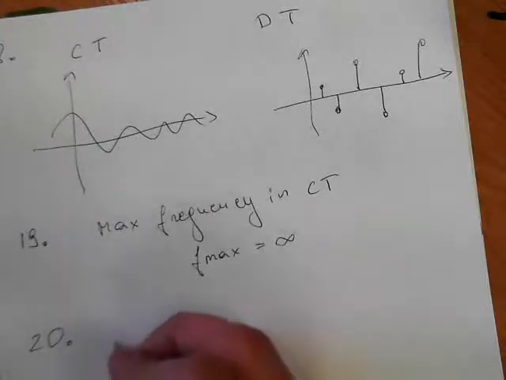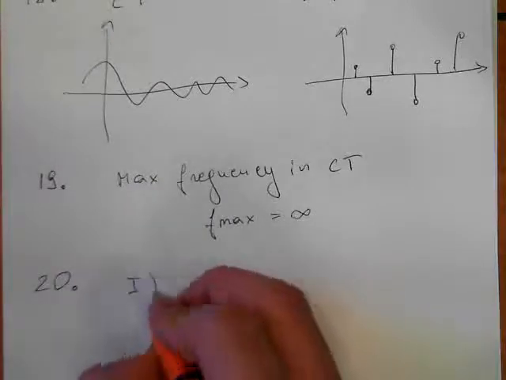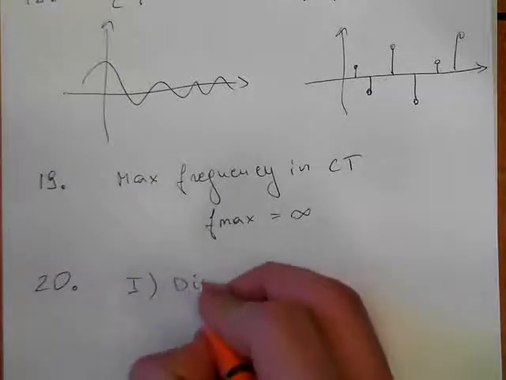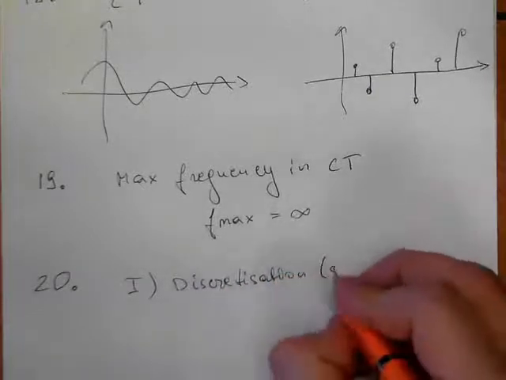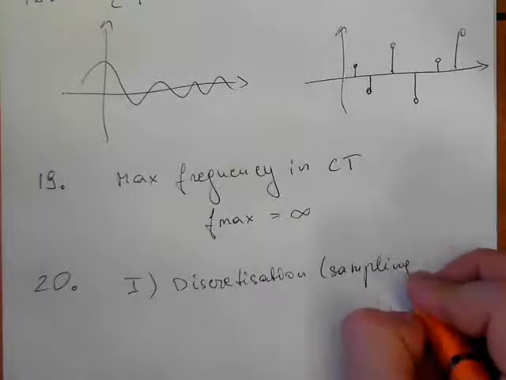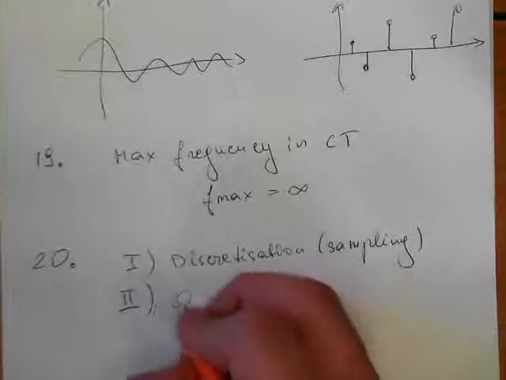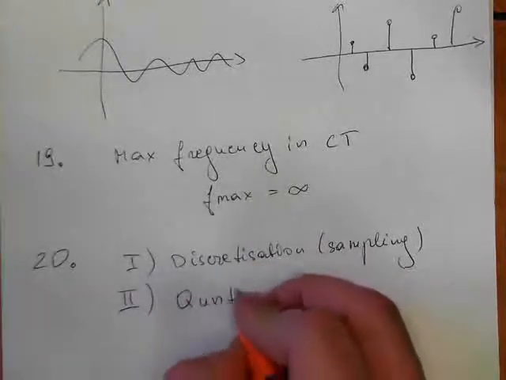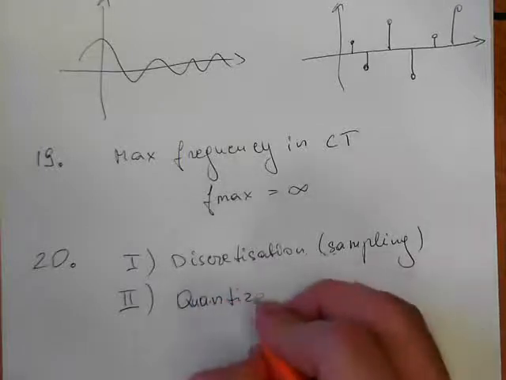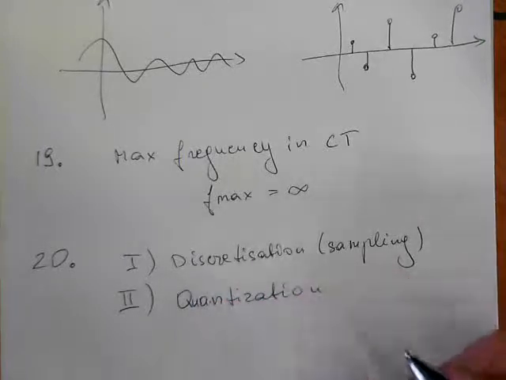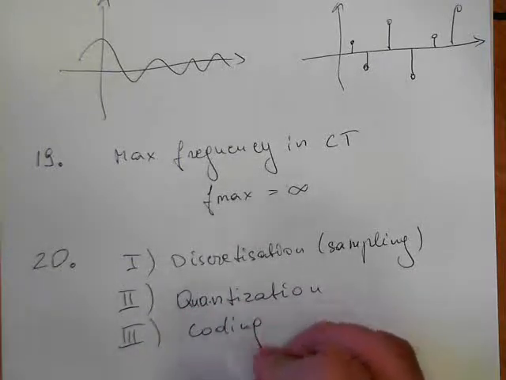The first stage is discretization or sampling. We refer to time axis. Second stage is quantization. Refer to y-axis. The third is coding.